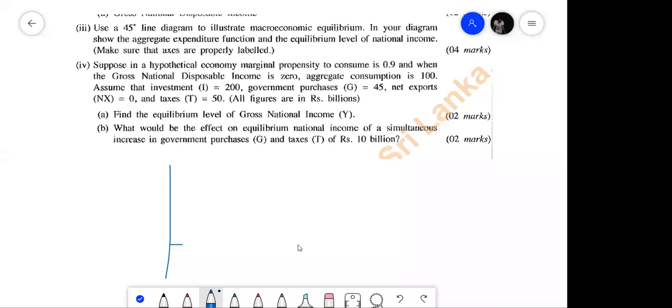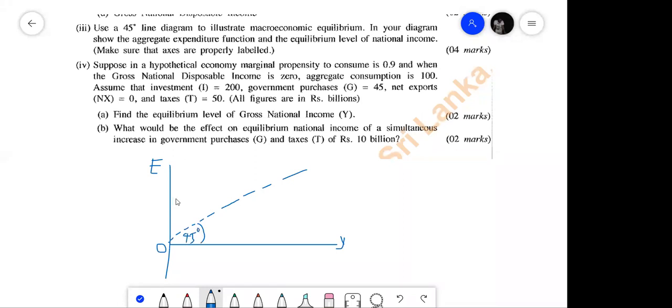So Y equals E. This is your Y, this is your E axis. Mark this as 0. Use a protractor, right? Have a proper 45-degree line, going from the middle. Mark this as 45 degrees. Okay, so 45.